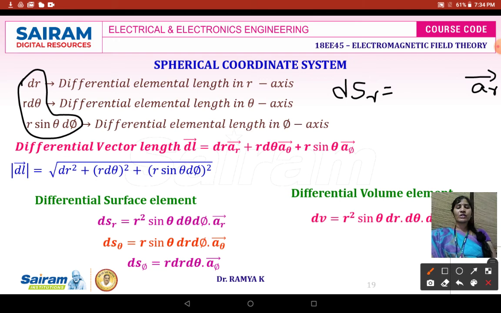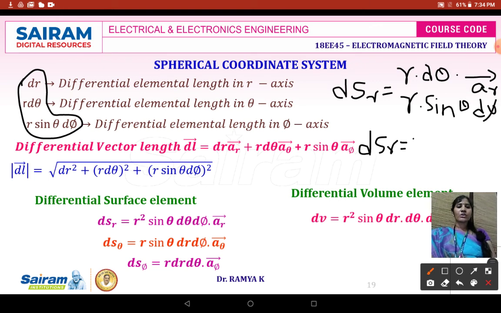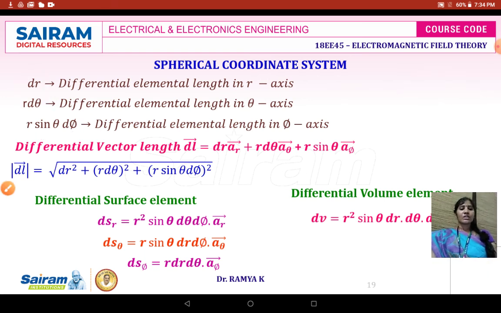The other two elements are theta and phi. For theta, the differential elemental length is r d theta. For phi, the differential elemental length is r sin theta d phi. So the differential surface area is r square sin theta d theta d phi along your r axis. In the same way, you have to identify the differential volume element.